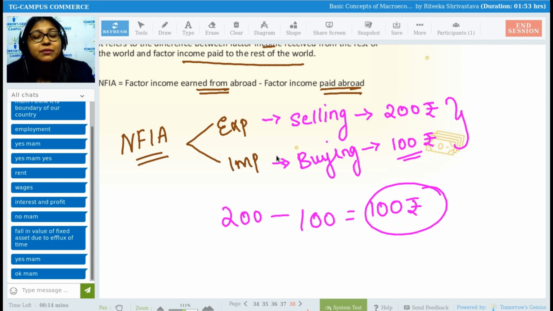And not only for aggregates, when we start doing numericals for methods of national income, at that point of time also, these three things are going to help you. Any method, any question related to national income, if you want to solve, these three terms are going to be very useful, and they are going to be there.